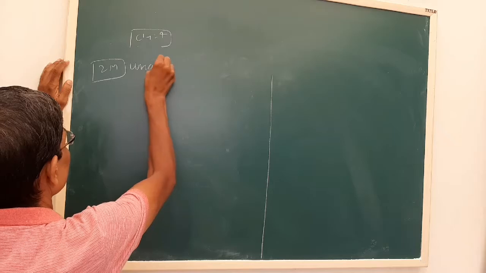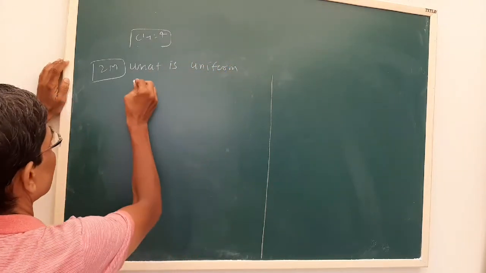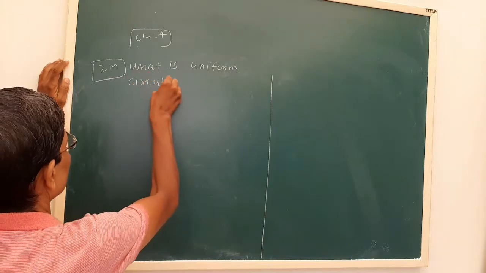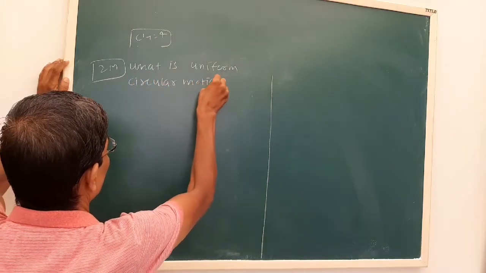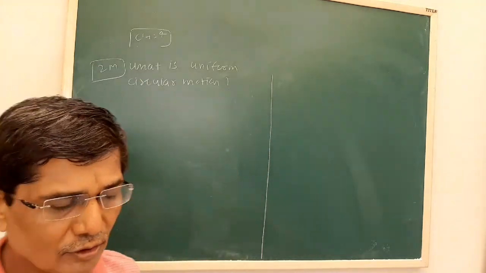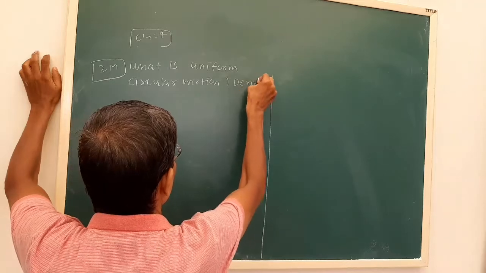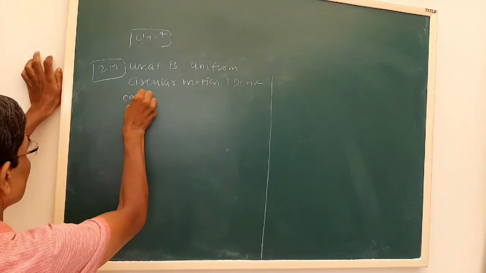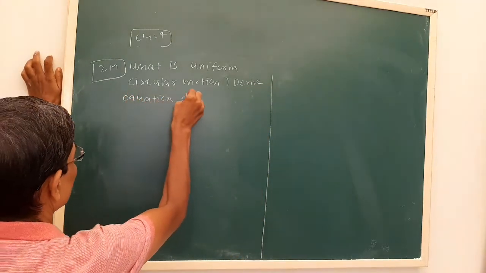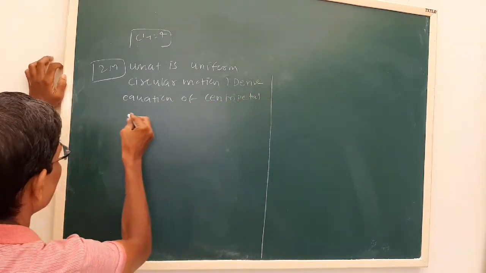What is uniform circular motion? And the derived equation of centripetal acceleration.